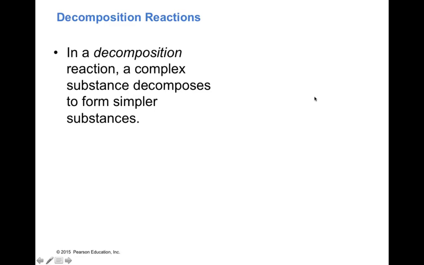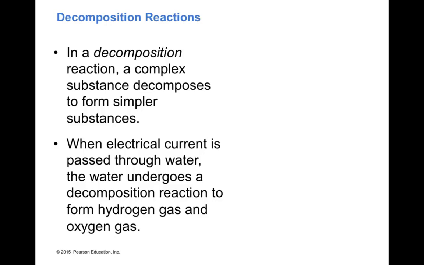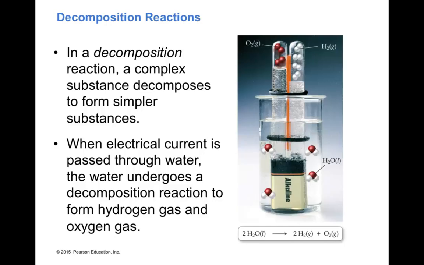The decomposition reaction. In a decomposition reaction, a complex substance decomposes to form simpler substances. Okay, so from one, you're producing two or more products or substances. When electrical current is passed through water, H2O, the water undergoes a decomposition reaction to form hydrogen gas and oxygen gas.